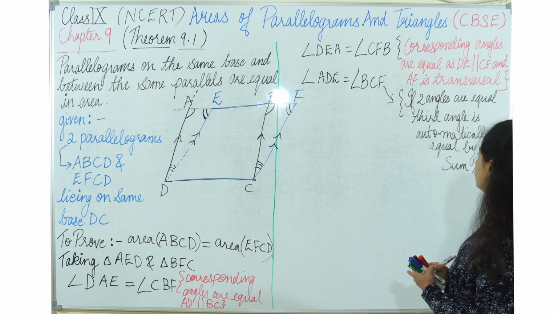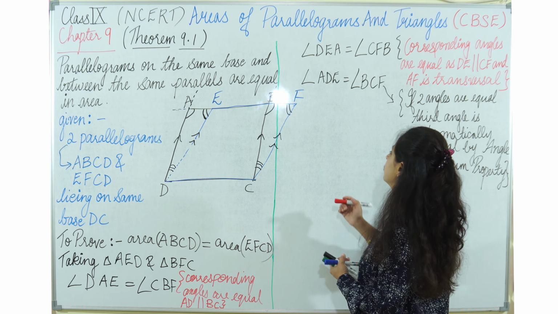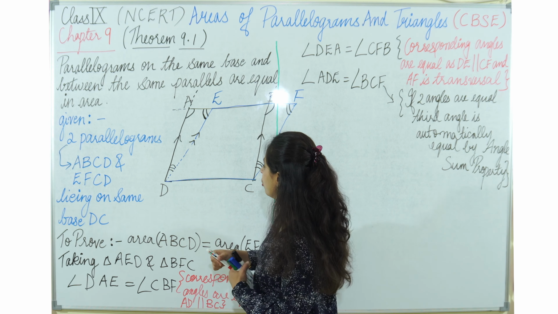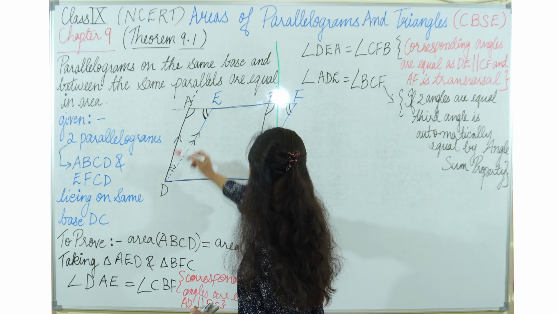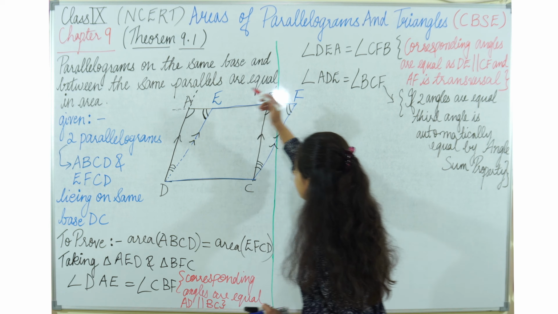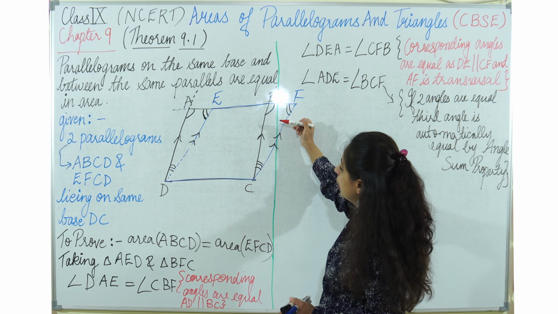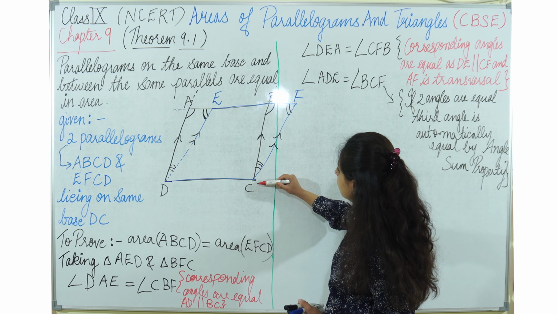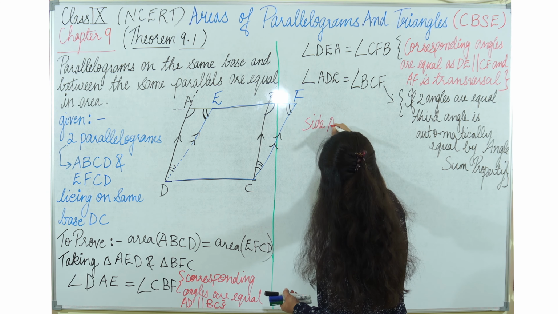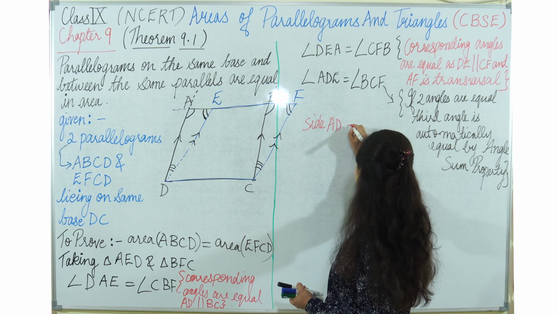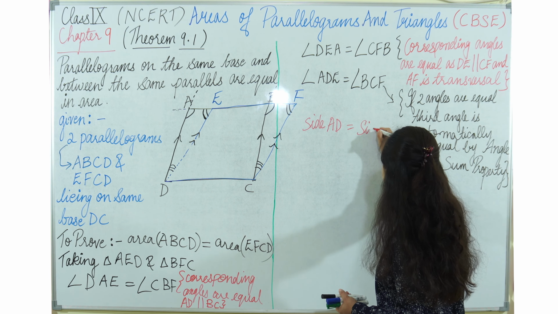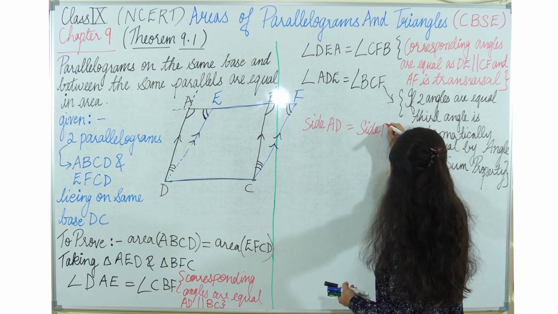By angle sum property. Okay, so now we have done till here. Now we can also say that the side AD is equal to the side BC. So side AD will be equal to side BC.